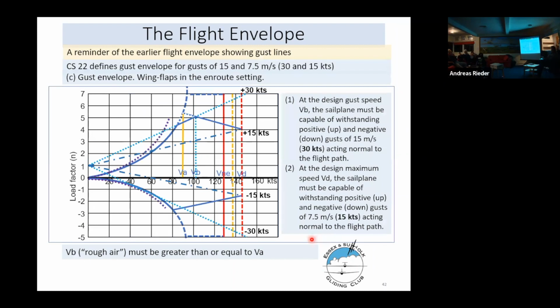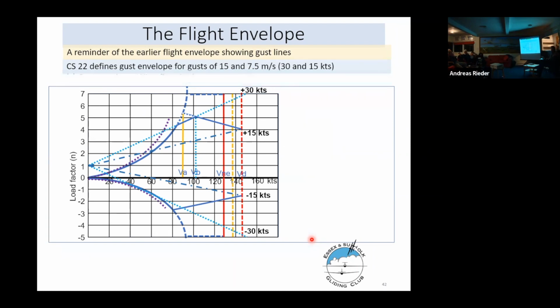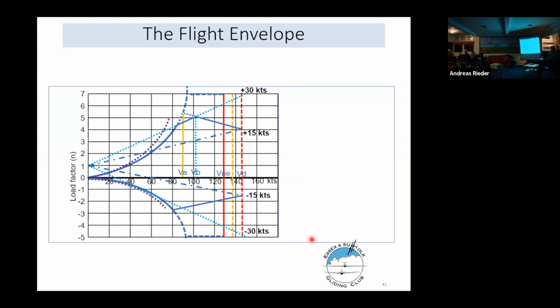So just a reminder of the earlier flight envelope showing the gust lines. Let's just now imagine that we are going to do, let's get rid of all that text, let's do a very gentle loop.